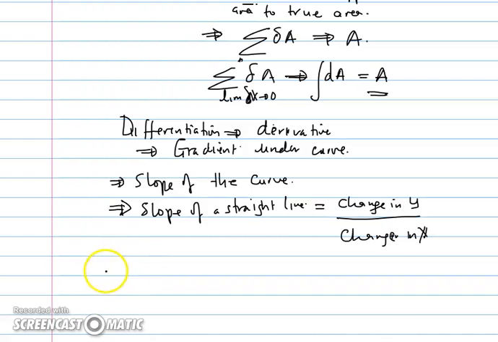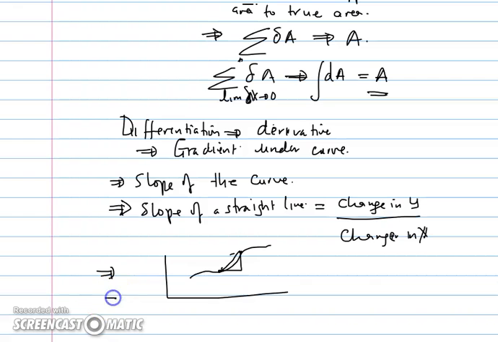But what about when you have a curve like that, and you cannot just take 2 points and determine the change, because it won't be the slope of the curve.